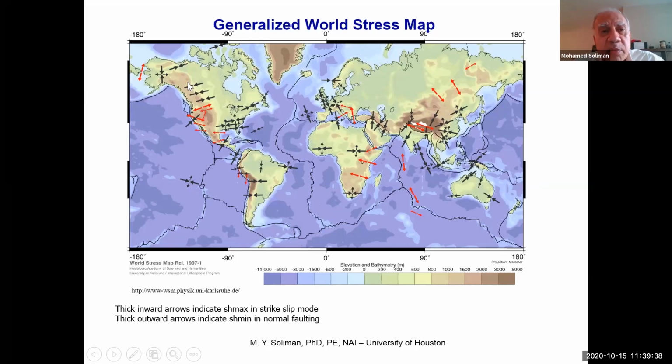In the US, I ask them to download the map for the United States and explain what stresses we have. Those are regional stresses. It does not mean that local stresses will be exactly the same. We found a long time ago that this is not the case in South Texas. Although it looks like you have some strike-slip here, many areas were actually normal stress, and the stress orientation changed across a fault.